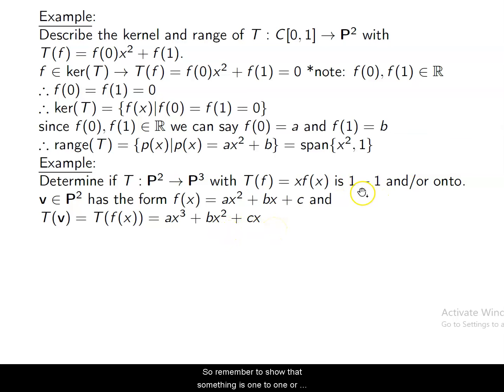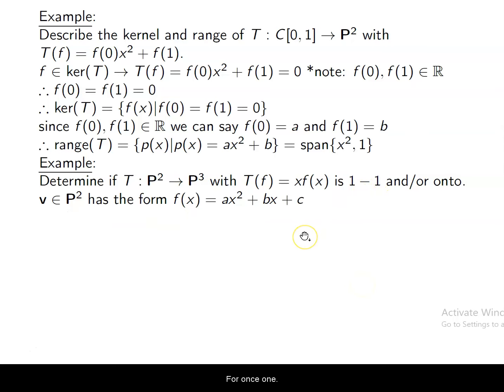Remember, to show that something is 1-to-1 or onto, generally for 1-to-1 we show that something is linearly independent, although that's going to be a little difficult here. And for onto, we have to show that it maps onto the entire space, that the entire range gets mapped to.